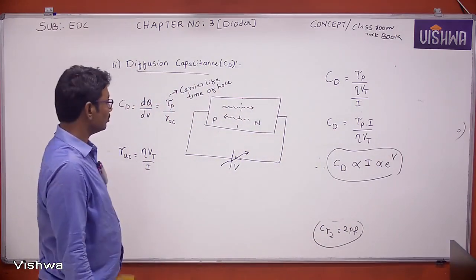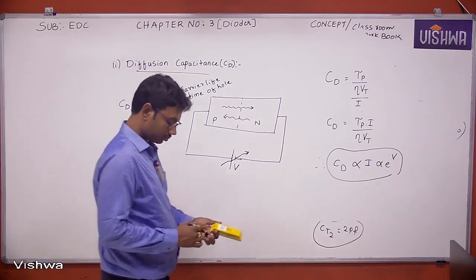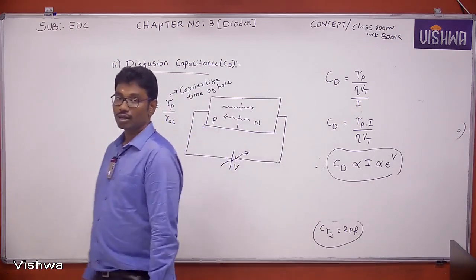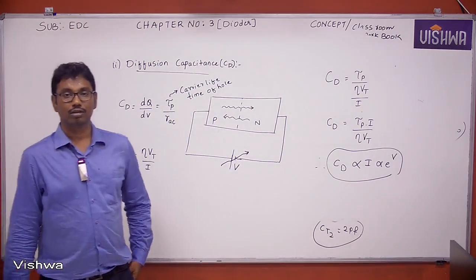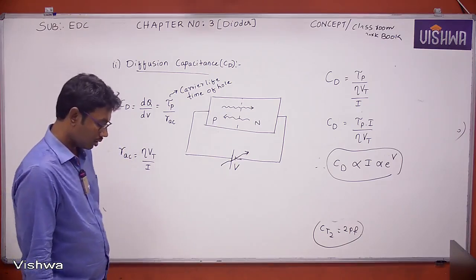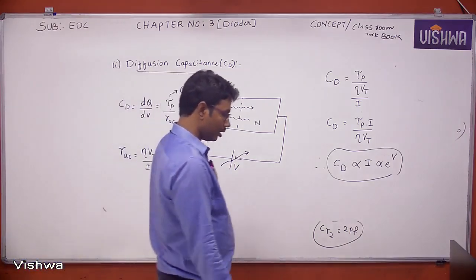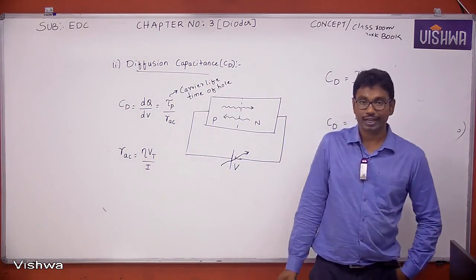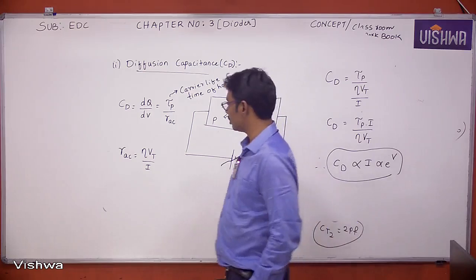Okay, copy here. When the diode is operated in forward bias, it can act as a diffusion capacitance, right?